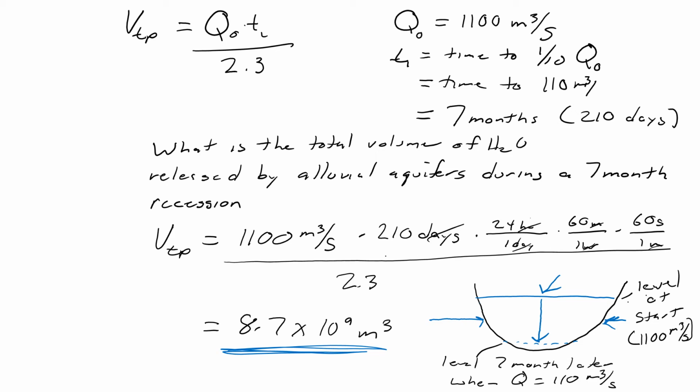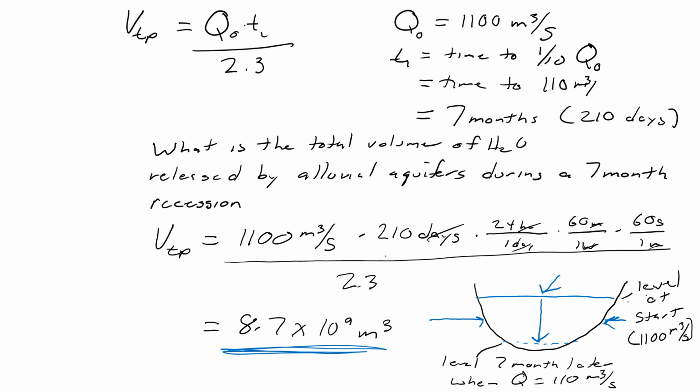The Q naught at the start of the base flow recession is pretty easy to measure off of your hydrograph. And then you need to know the time it takes for the discharge in your stream to drop to 1/10 of that. When that happens, that's considered to be the total amount of volume released by these aquifers during that 7-month average recession.